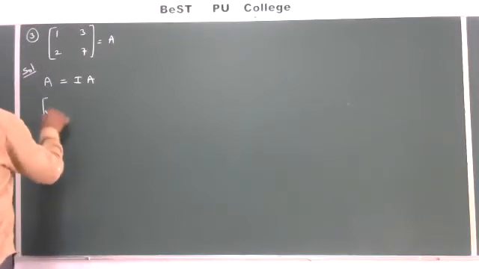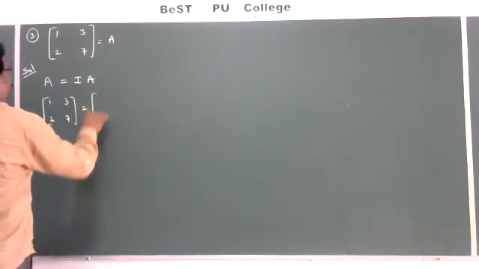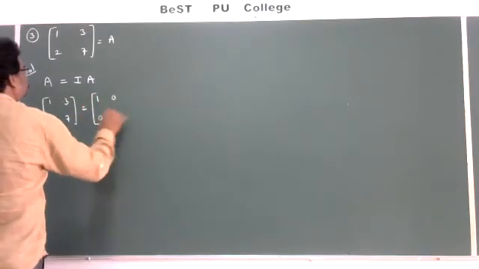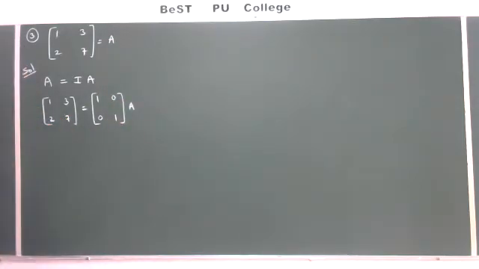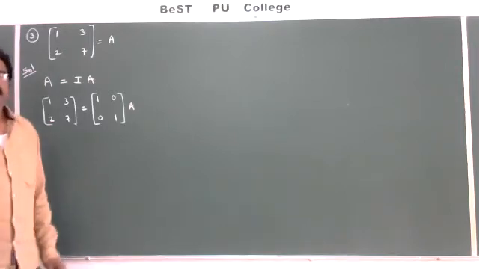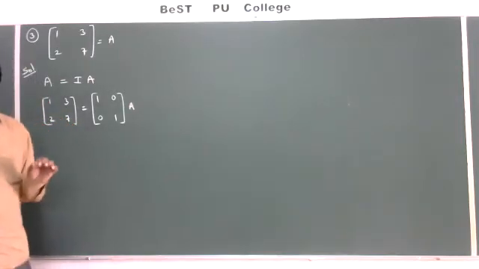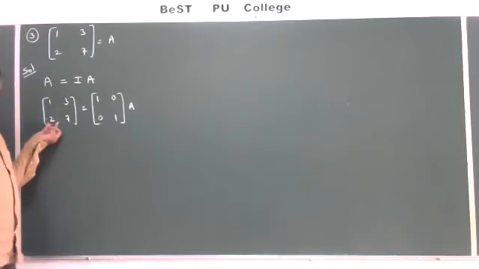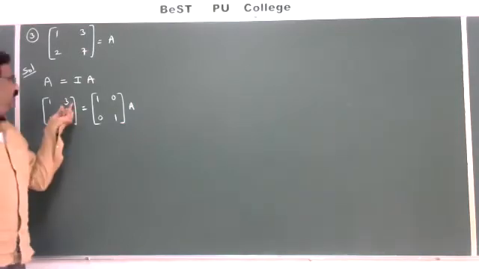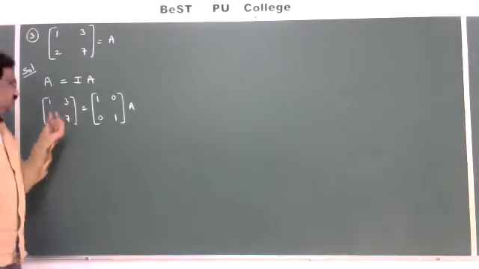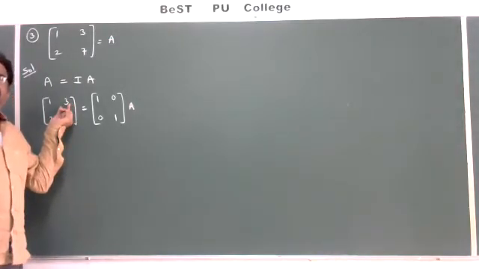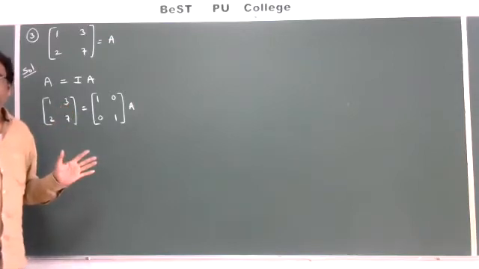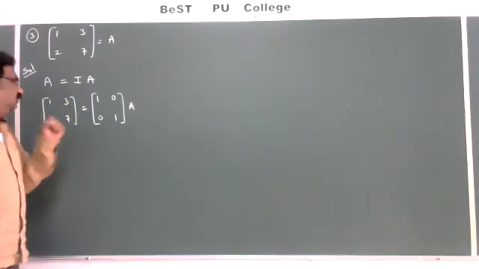That is, A, here 1, 3, 2, 7, is equal to I, which is 1, 0, 0, 1, into A. Here, the most important points: first you make this element 0, then you make this element 0. Then the problem is very easy.